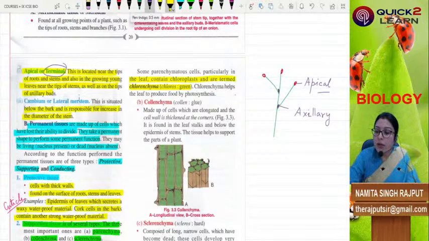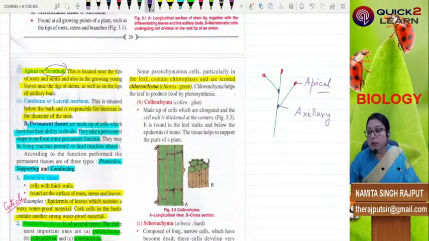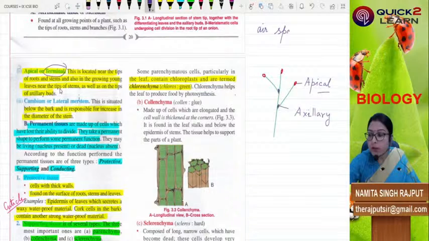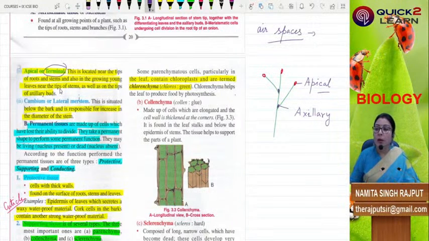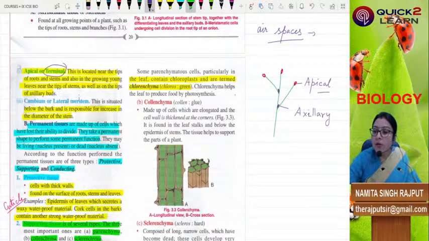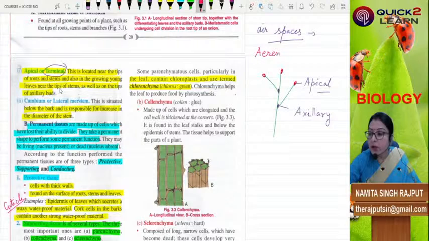And there's another thing, those parenchymatous cells which have air spaces. If parenchymatous cells have a lot of air spaces in between them, then they are known as Aerenchyma. So Aerenchyma is also a kind of parenchymatous tissue having a lot of air space.